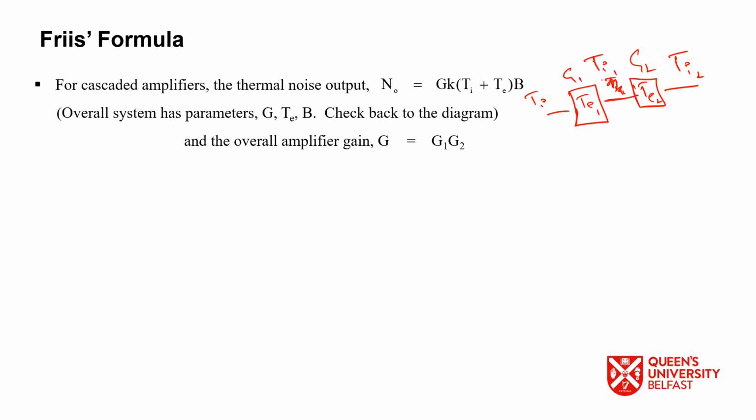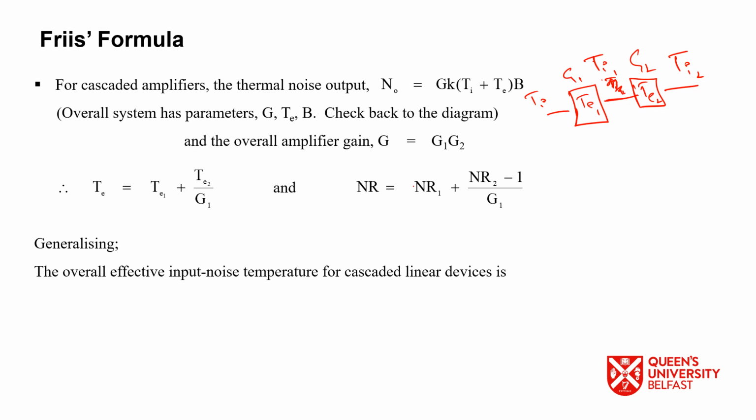So yeah, the overall amplifier gain G is equal to G1 into G2. So Te is actually equal to Te1 plus Te2, and noise ratio as we have derived is actually Nr1 plus Nr2 minus 1.